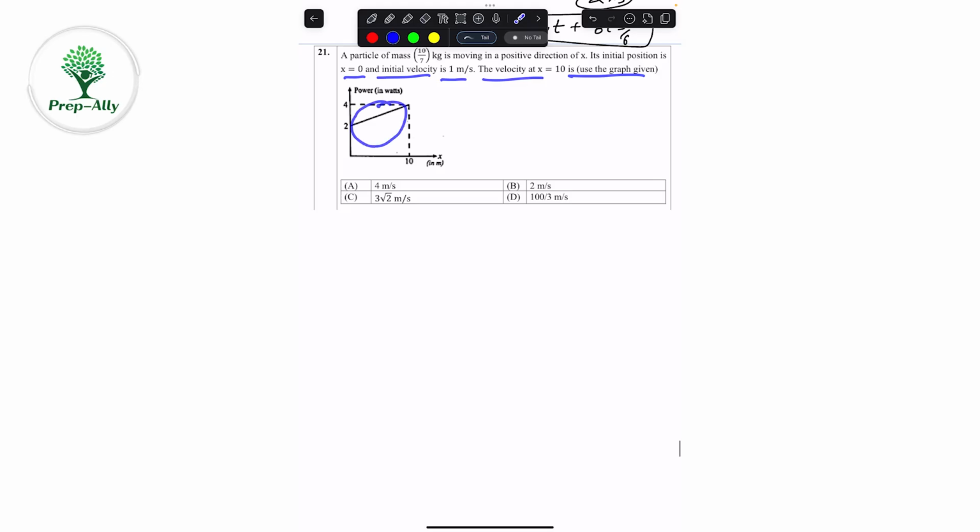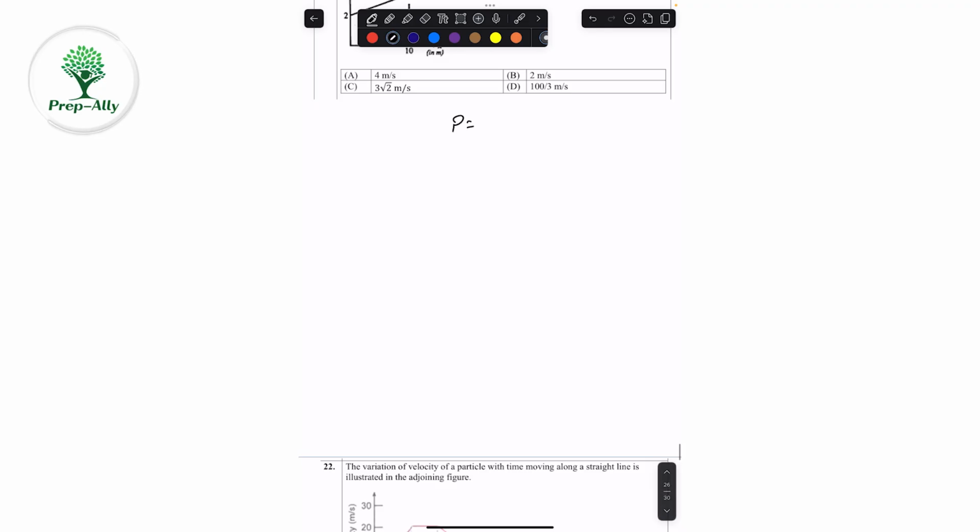So the graph is given between power and displacement. We know that our power is equal to dw by dt, which is work by time. It is equal to f dx by dt, and f is equal to m v dv by dx, into mass into dx by dt, that is equal to p.